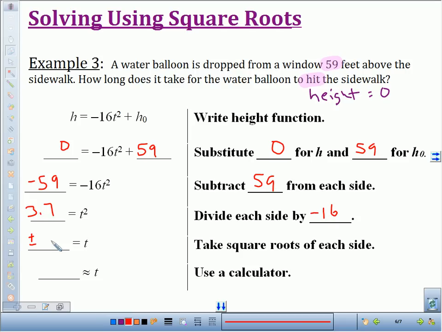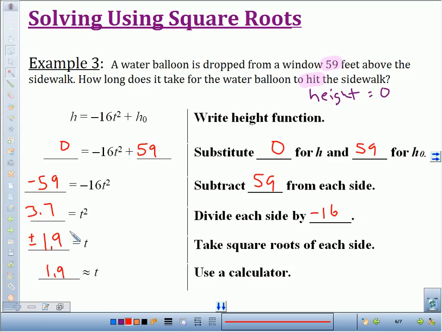Keep in mind we are doing an equation. That means we do have to have the positive and negative symbol. Positive or negative 1.9. Now, we used the calculator to do all that, and our answer then is about 1.9.